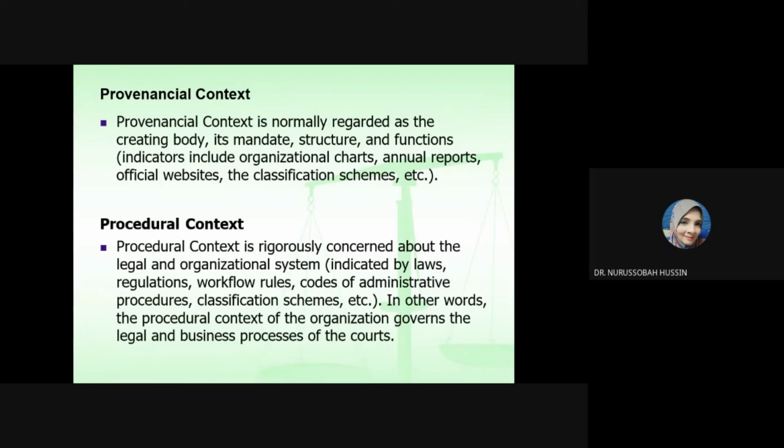And then the second one is procedural context, which is concerned with the legal and organizational system indicated by law, regulation, workflow rules, codes of administrative procedures, classification scheme, and so forth. In other words, the procedural context of the organization governs the legal and business process of the organization.